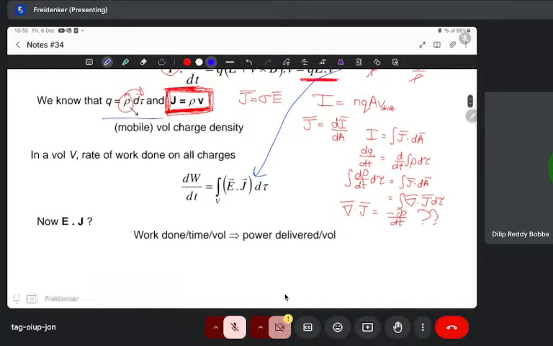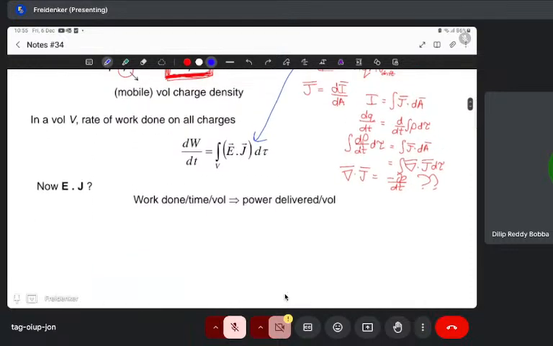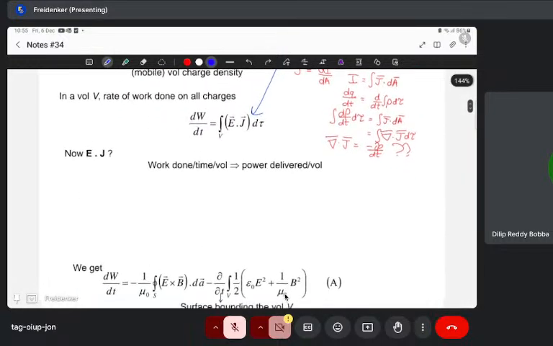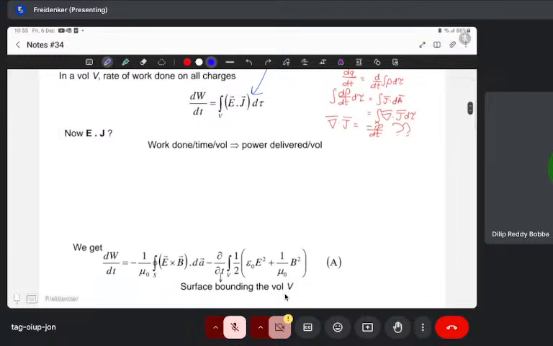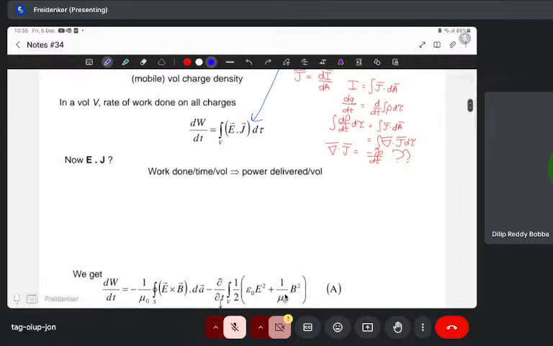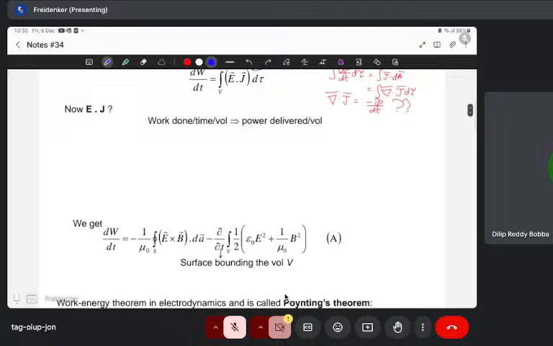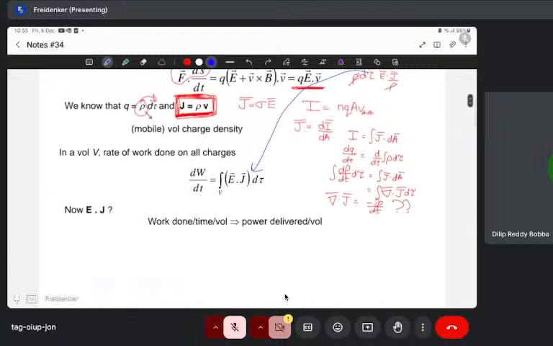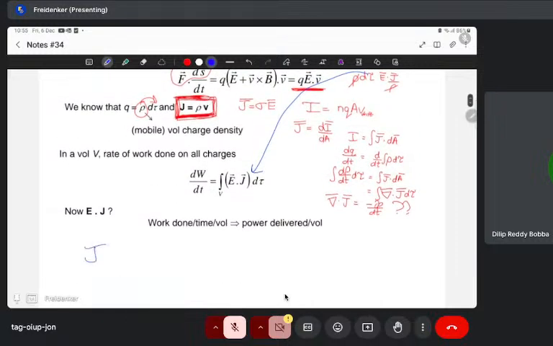From these two equations, I wonder where we got this. I'll have to look into it later. Maybe if someone reminds me after the class, we'll see. Okay, we have so much to cover in this. What is E dot J? And J, I know J is sigma E, right?